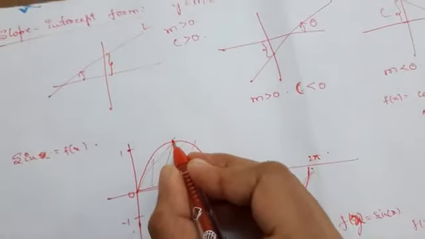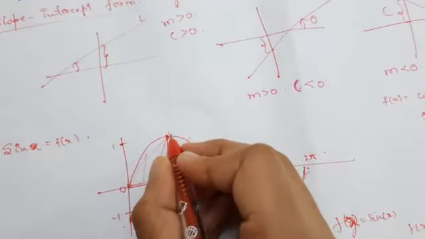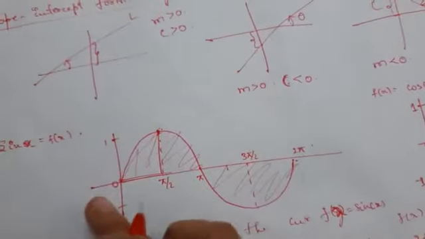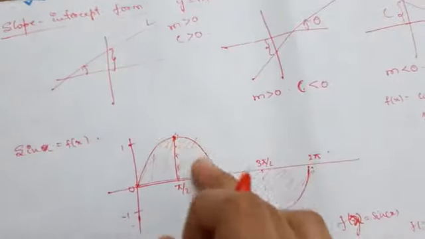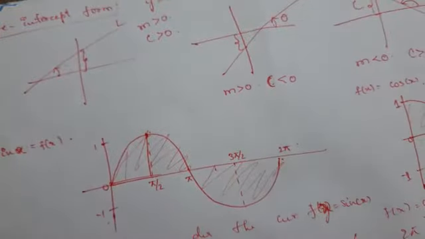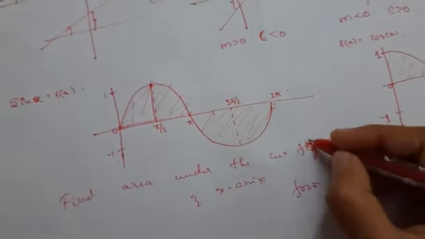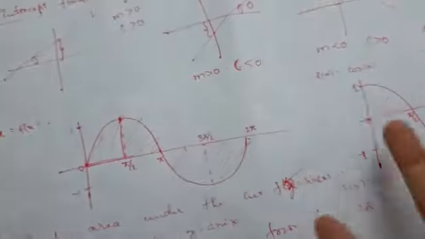So if we find the area of this one and multiply it by 4, we are going to get the area bounded by the curve y is equal to sin x and the x-axis from 0 to 2 pi. We are going to get this area. So this is how we are going to deal with finding the area of a trigonometric function when it comes to sine and cos.